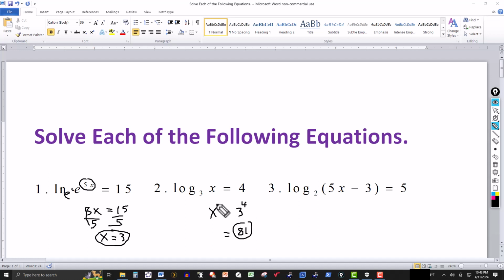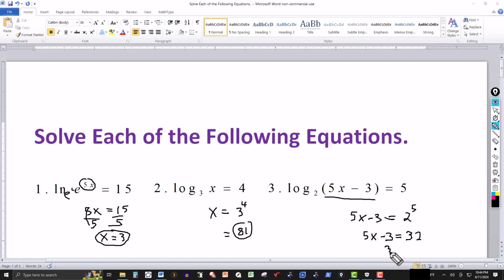And number 3, basically the same type of problem, a little bit more involved because instead of just x, you have 5x minus 3. But again, by definition of log, that means that whatever this is, in this case 5x minus 3, has to equal this base here, in this case 2, taken to that power, which is 5. Now it just becomes a regular first degree equation, linear equation. 2 to the 5th is 32. 5 factors of 2.